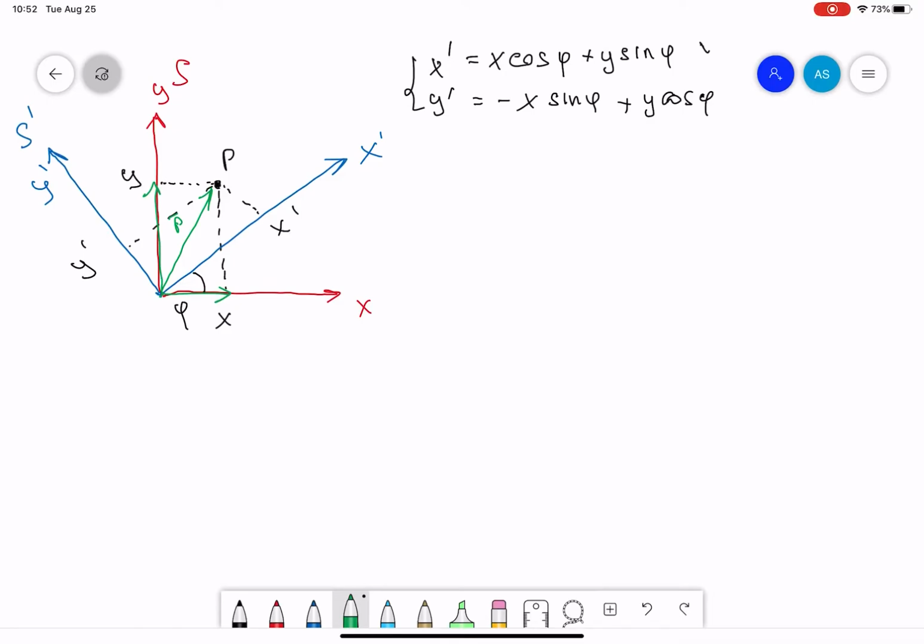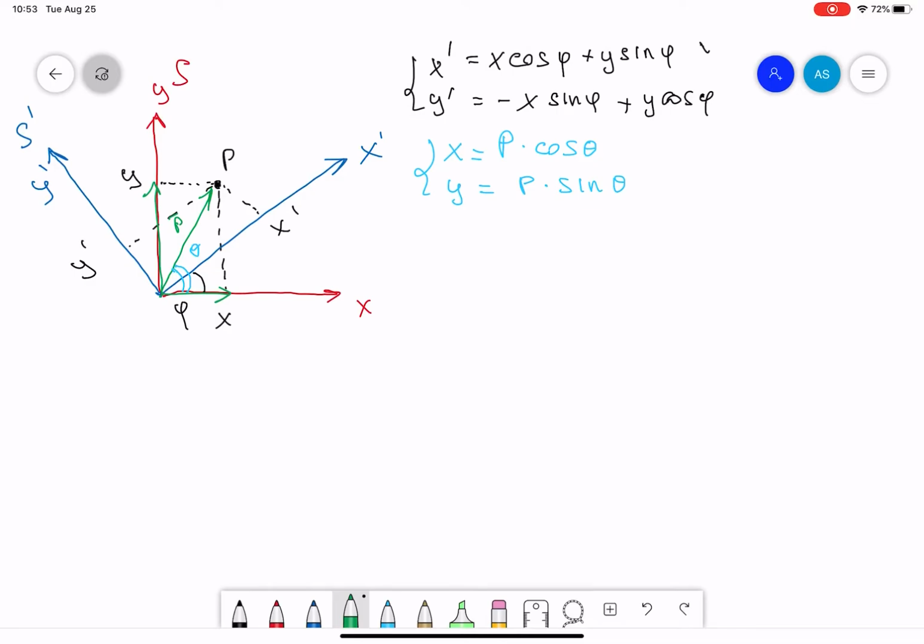Let's say this is our theta. Now we can say that our x coordinate is equal to P multiplied by cos theta, and y is equal to P multiplied by sine theta. Correct?